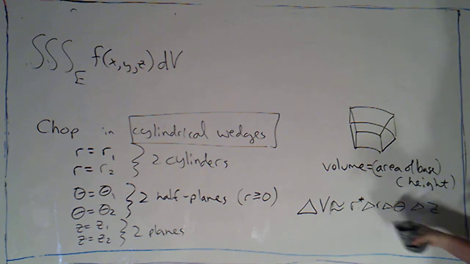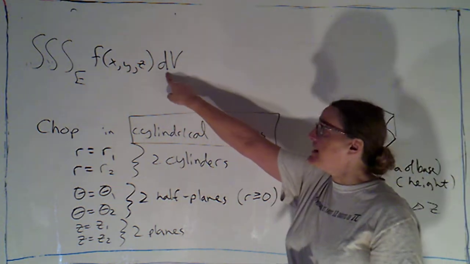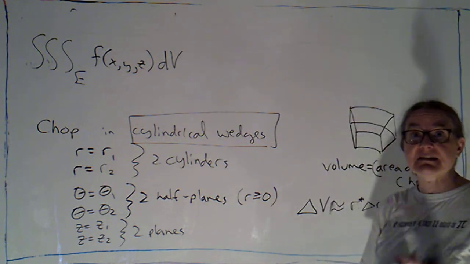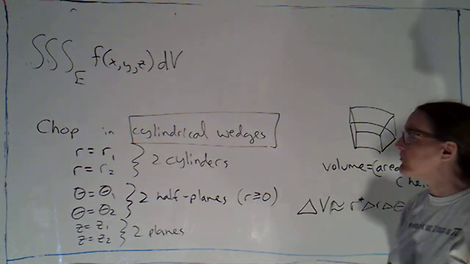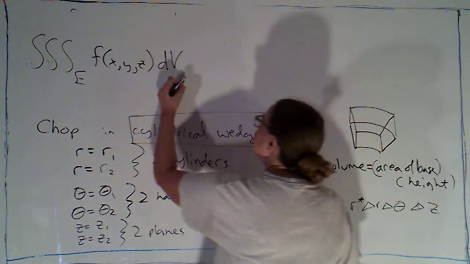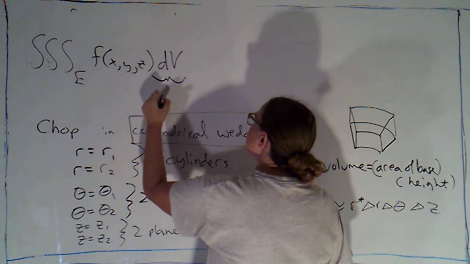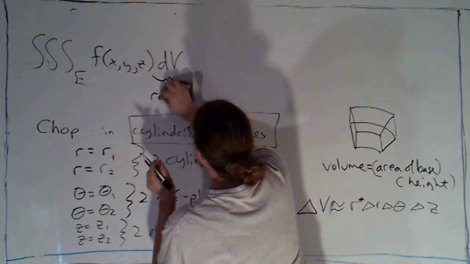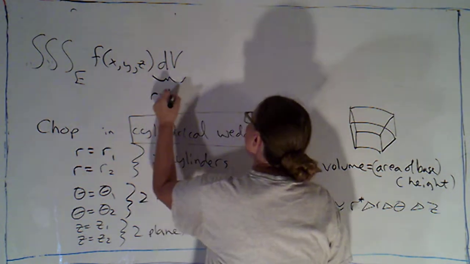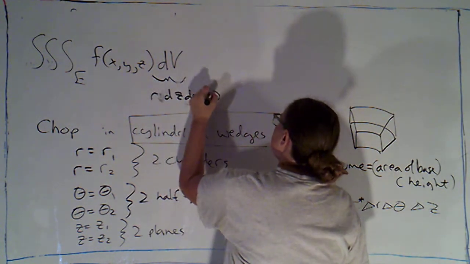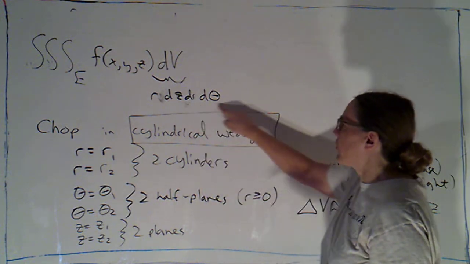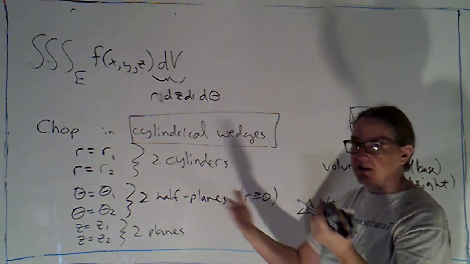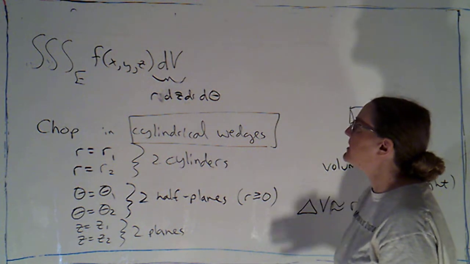Okay. So what that tells me is that dV in rectangular coordinates is just dx dy dz, in whatever order is appropriate. dV in cylindrical coordinates is going to become r dz dr d theta, just because that's the order we're usually going to set things up in, although of course we can do things in other orders if we like.